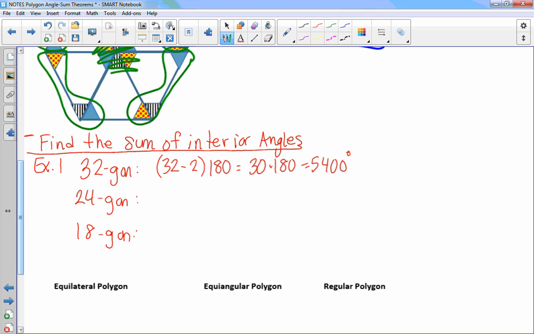Make sure you have a degree sign. Stand up when you think you know both. And you need degree signs and you need your work on your paper. I just said that on the last one.